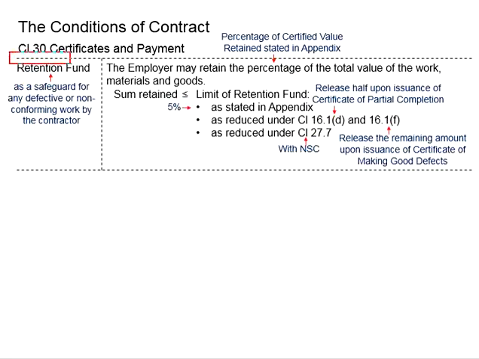The purpose of the retention fund here is to serve as a safeguard for any defective or non-conforming work by the contractor. In the case of this happening, the cost for the rectification or replacement may be financed by this retention fund. Once the entire project is completed, the retention fund may be released and returned fully to the contractor.